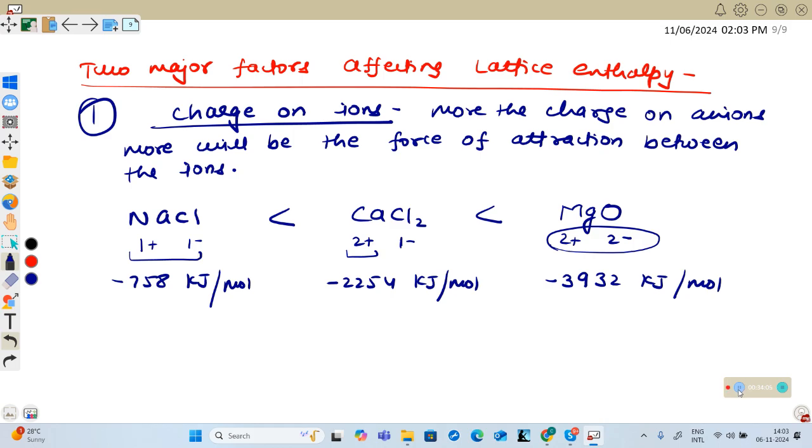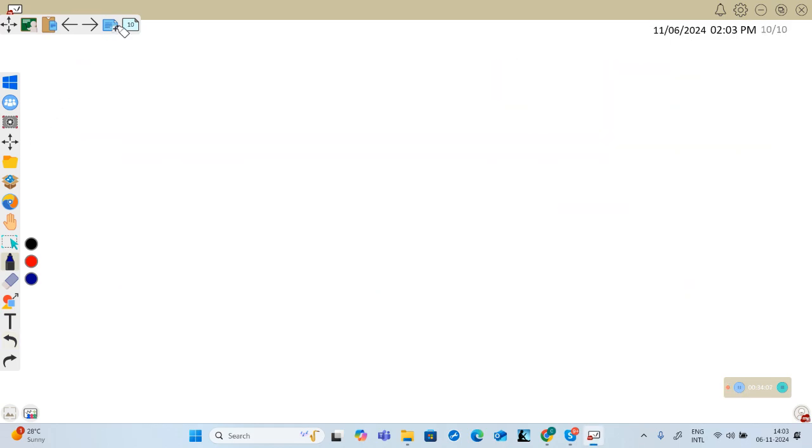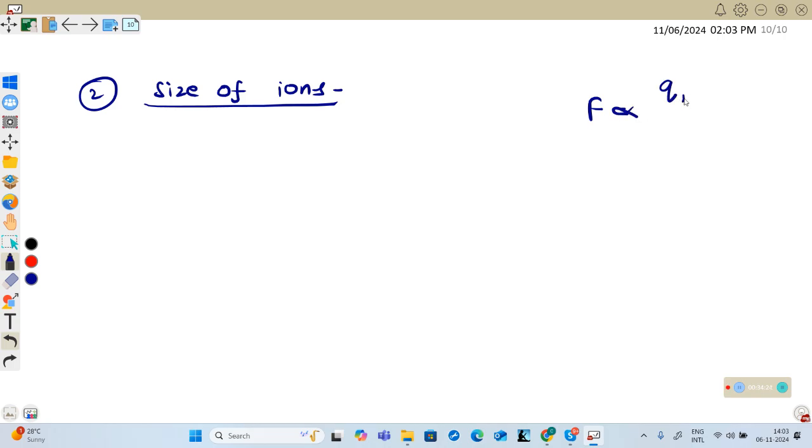Right? The second factor is the size of ions. I'll tell you, in physics you will learn next year in the electrostatics chapter, the electrostatic force is directly proportional to the product of the cation and anion charges, divided by the square of the internuclear distance.